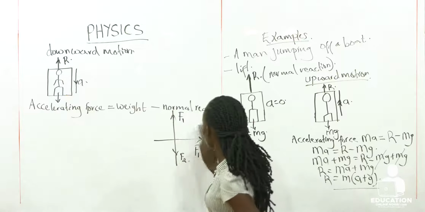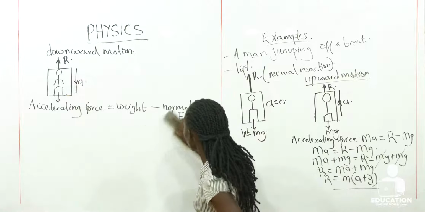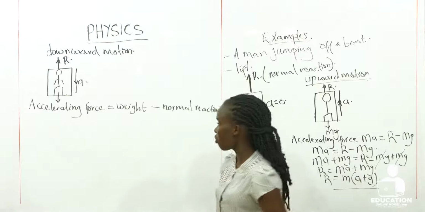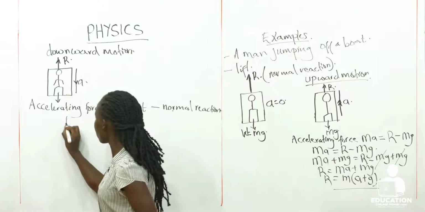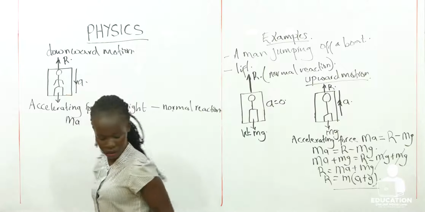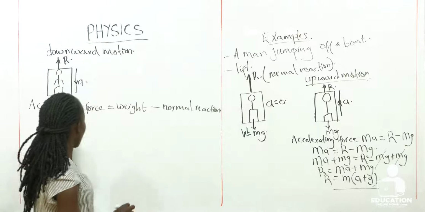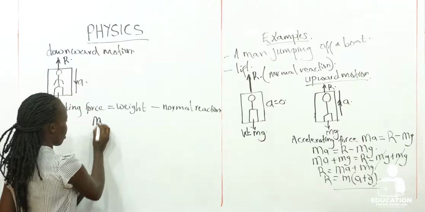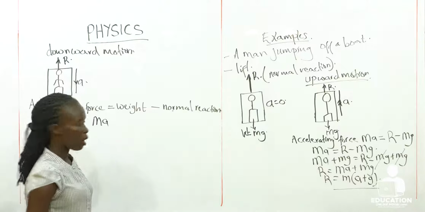So if we subtract it like that, what is the value of this accelerating force? You find that the accelerating force is equal to ma. So if it is ma, what is our weight?